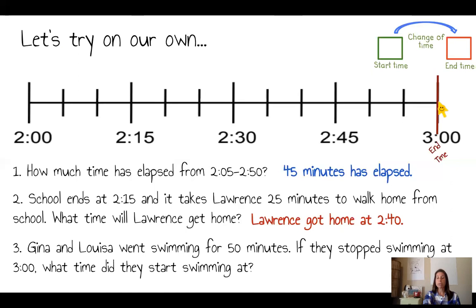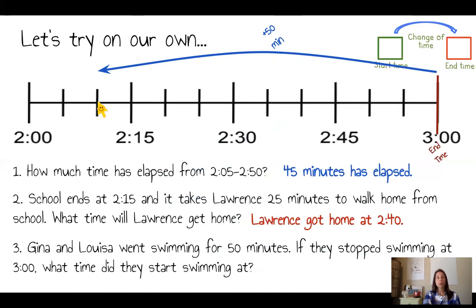Here we go. Count with me by fives. Ready? 5, 10, 15, 20, 25, 30, 35, 40, 45, 50. So mark your number line with a change of time of 50 minutes.